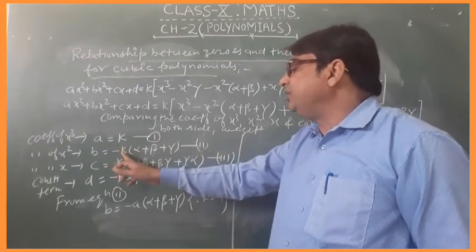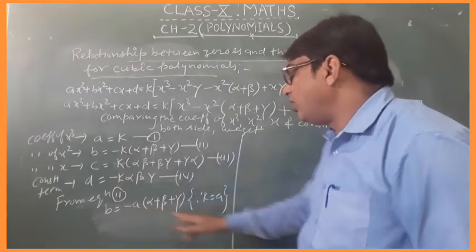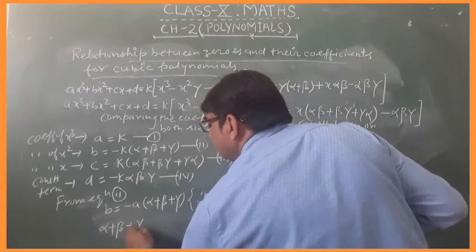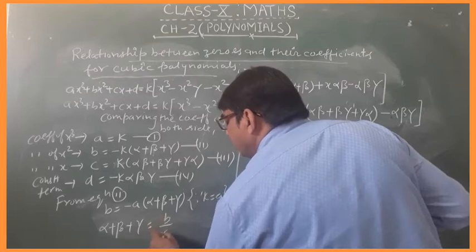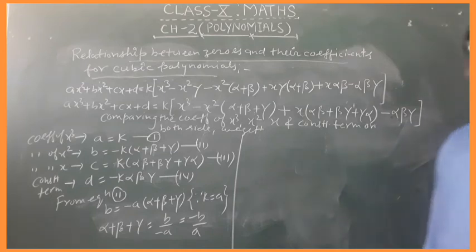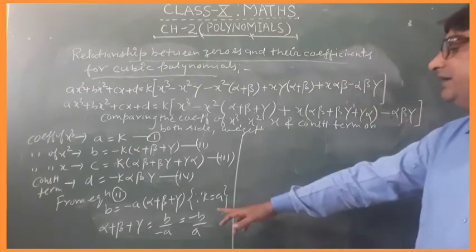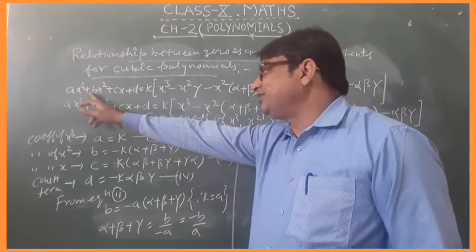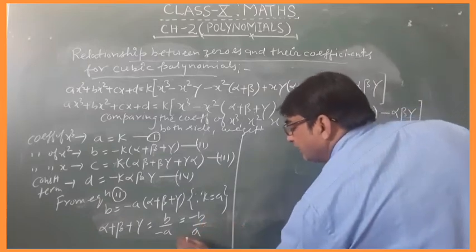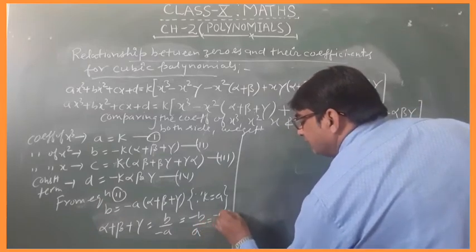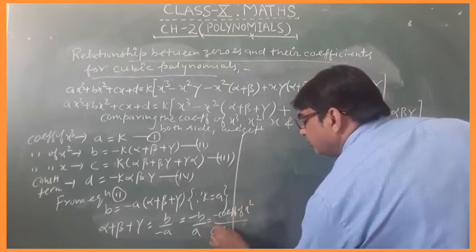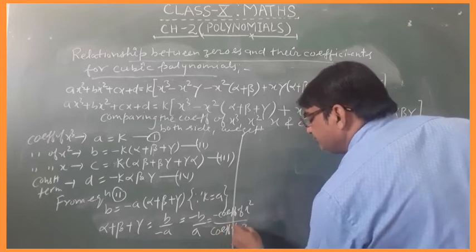If we put k equal to a, then what we get? It means α + β + γ is equal to −b/a. Minus b is the coefficient of x² and a is the coefficient of x³. So you can write minus coefficient of x² upon coefficient of x³.